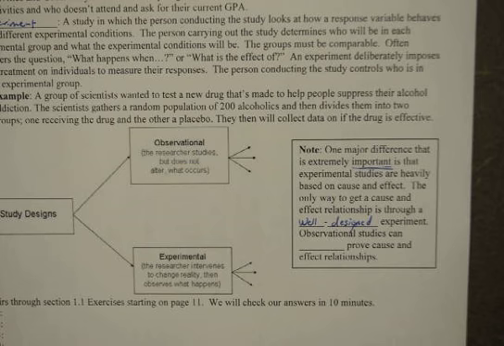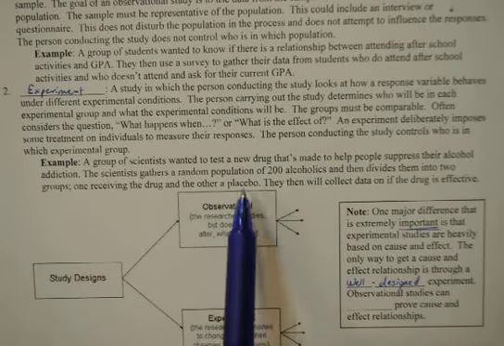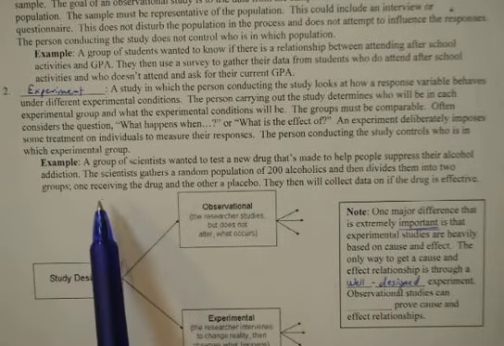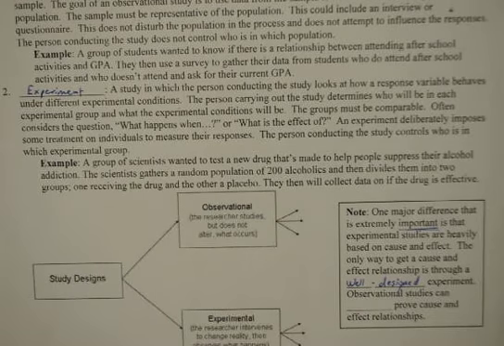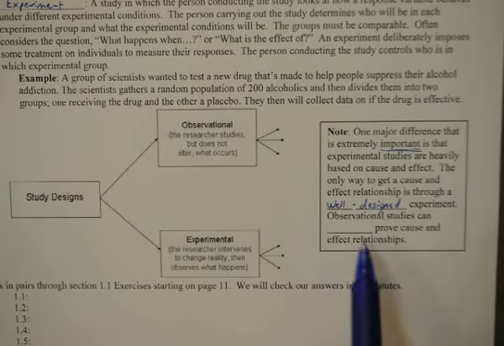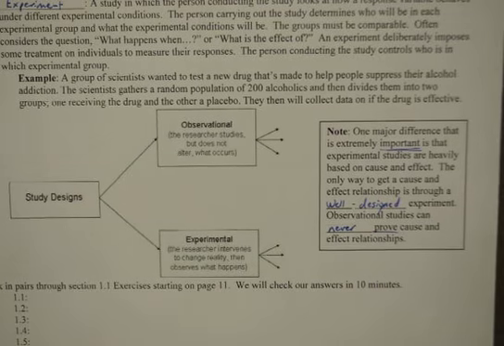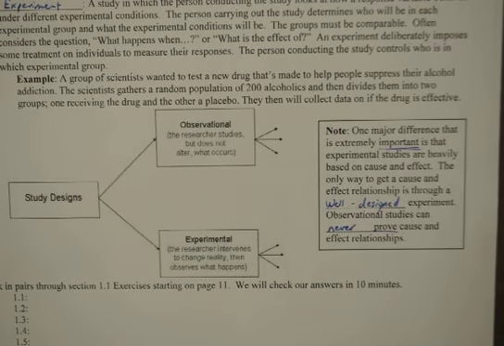How do you set up something so that maybe you can get a cause and effect relationship, like up here? Is there a cause and effect relationship between this drug that this group's getting, I don't know, to help alcoholics, I guess? Observational studies can never prove a cause and effect relationship. Okay, so the only way to get cause and effect is a well-designed experiment.